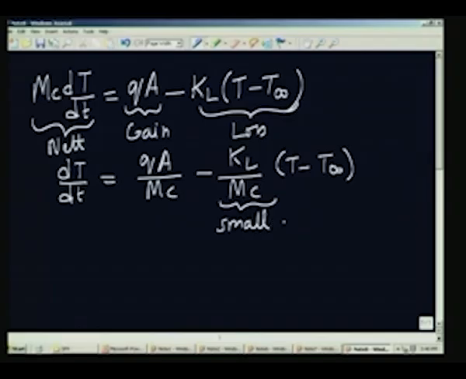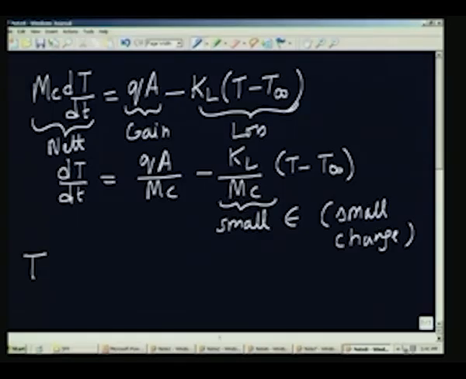So, I will say this is small and indicate its magnitude by epsilon. The idea is that epsilon multiplied by T minus T infinity is small compared to the first term. Of course, then the dominant effect will be the effect of the input heat flux, and this will be a small change in the response.